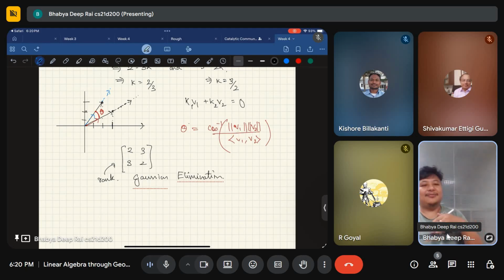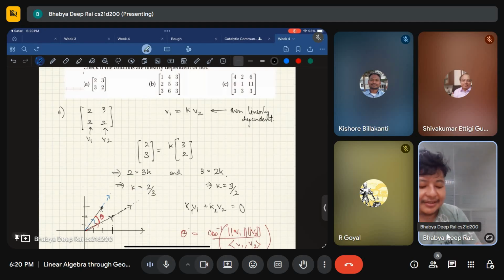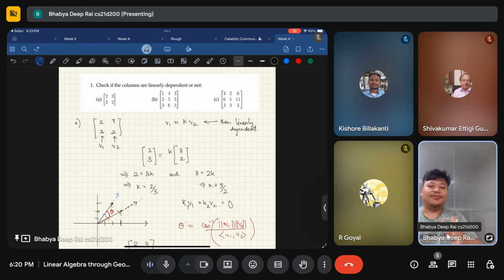Since the number of rows and columns are the same, the rank will tell you the number of linearly independent columns, or equivalently rows in this case. So that is another way to do it. The same problem has several various ways to look at it and solve, and you'll get the same answer.